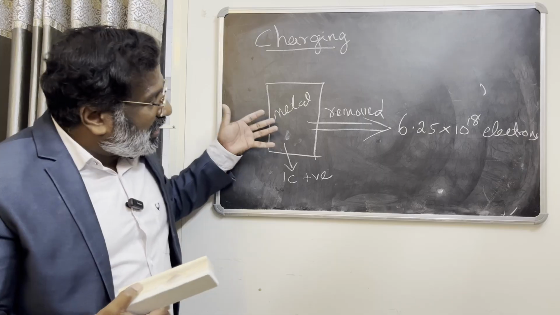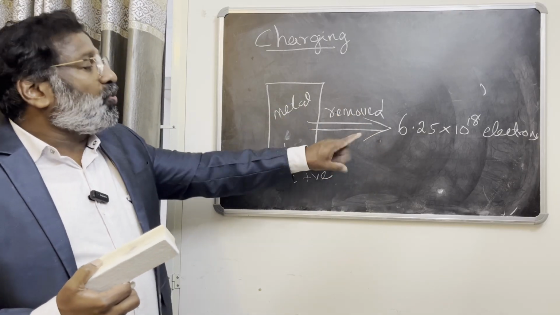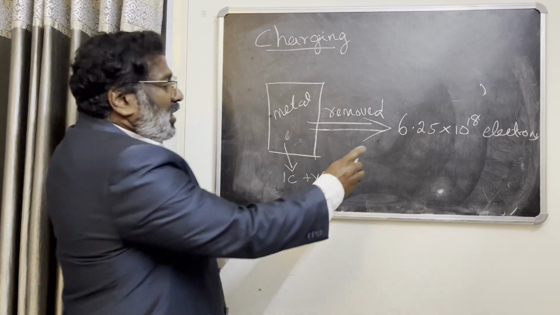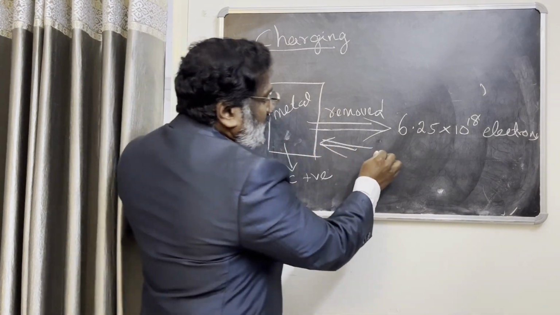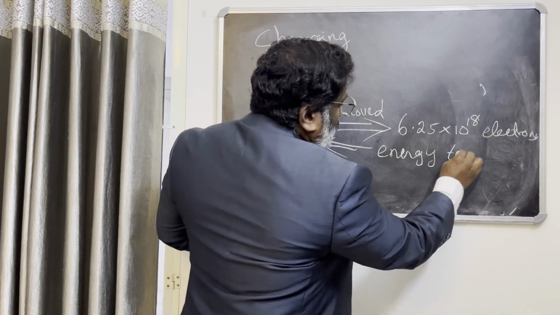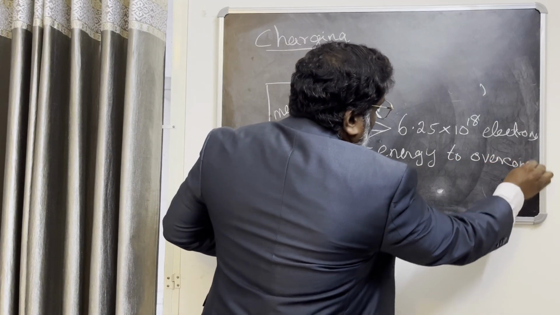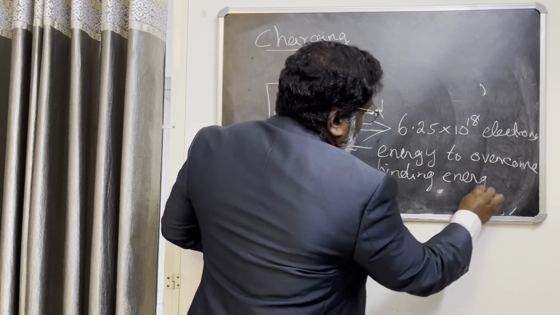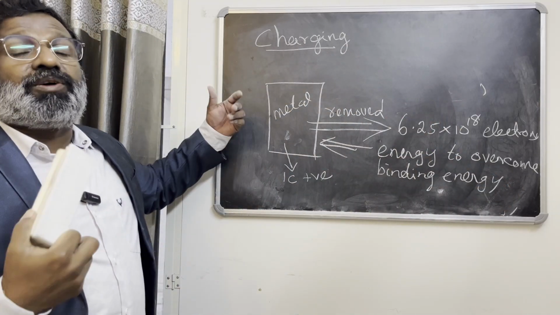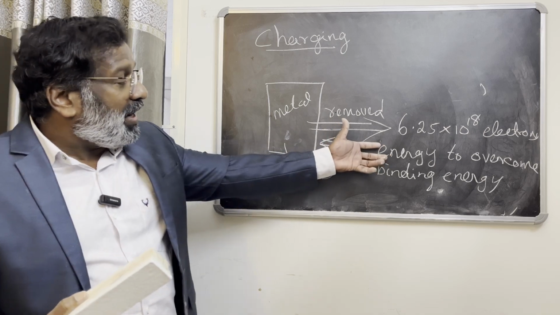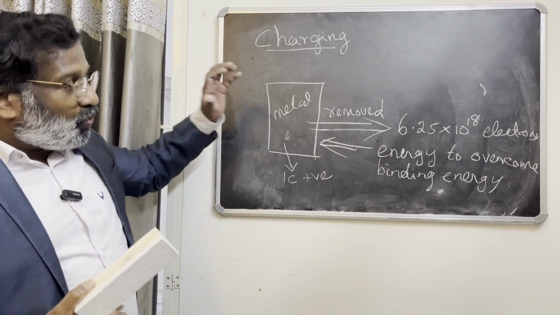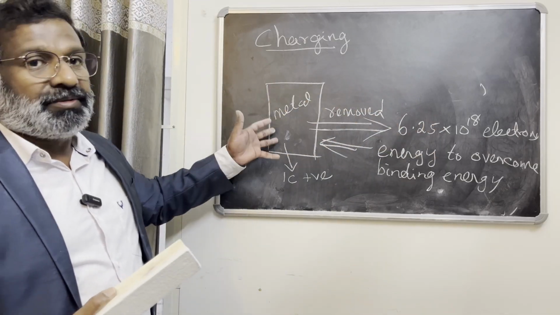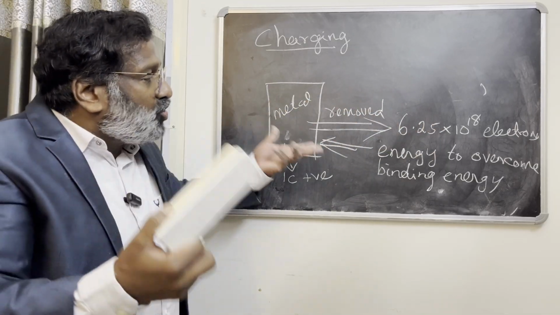So if I want to move the electrons out, I have to apply external energy to overcome the binding energy, or to overcome the electrostatic force of attraction. So I have to apply external energy to overcome the binding energy to remove the electrons from the neutral particle. I am spending energy.